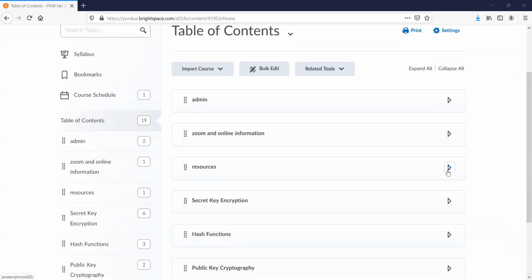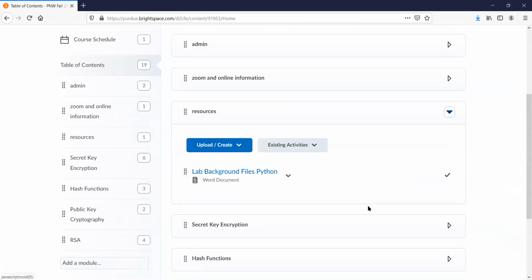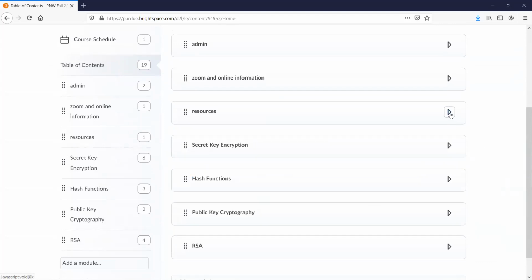If you go to resources for ITS 350, you will see something called the lab background files Python. I would recommend, if you can, print this out and just read through it. Certainly practice it. It's got some examples of Python. And then, as I said, I will do a few examples of simple things.